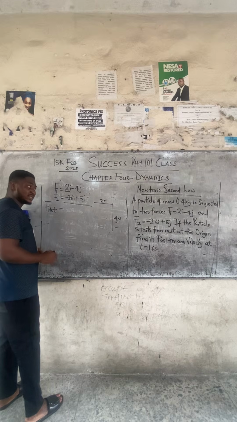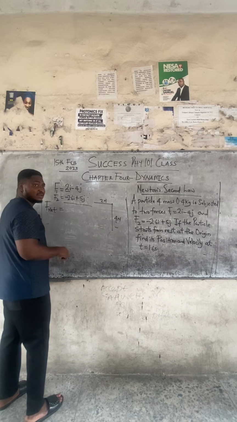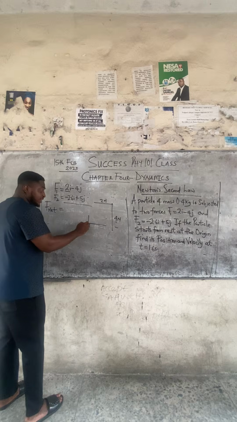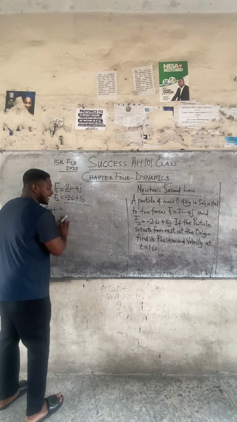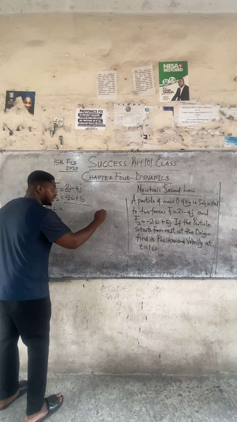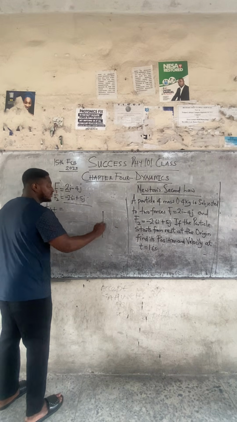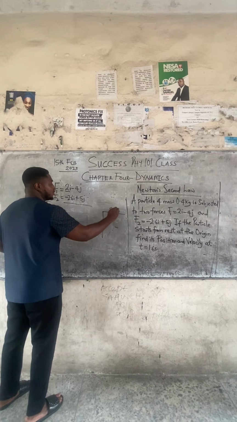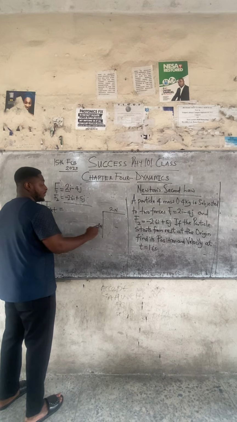This is the relation of these forces. Positive x is to the right, and this is negative x. If this is our origin, it came down, so we should have 2 Newton and 4 Newton.